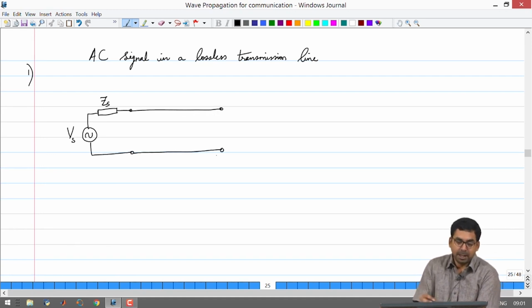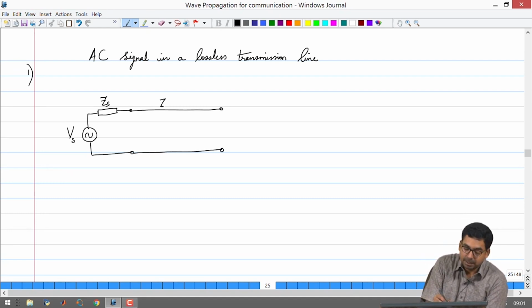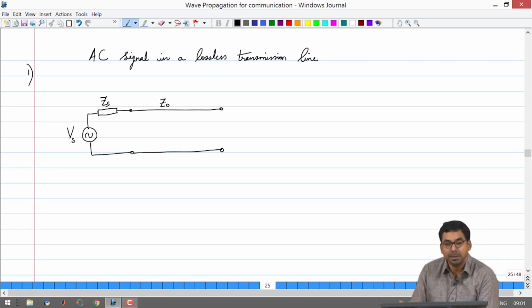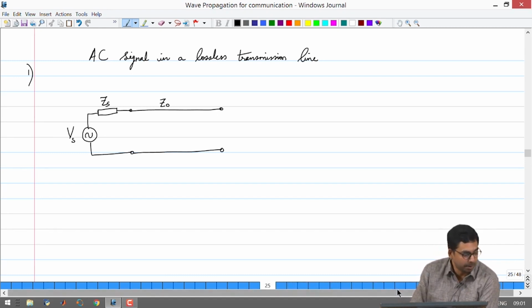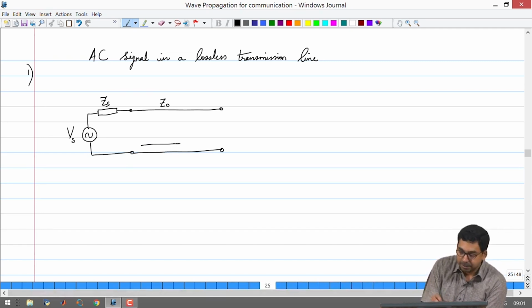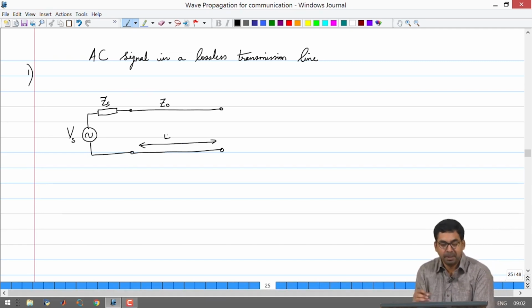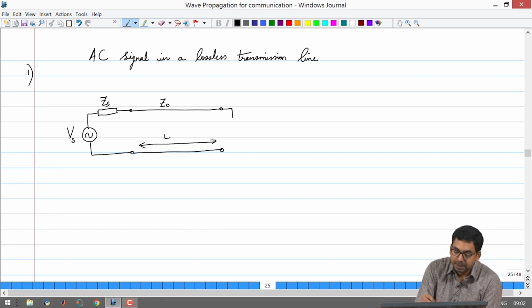The transmission line has a characteristic impedance of Z0, similar to the characteristic resistance. We will see more details about it as we go further. And the length is L, and I am going to replace the load resistor with a load impedance.